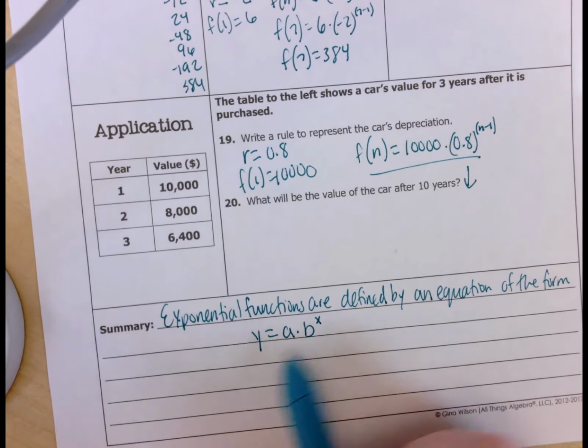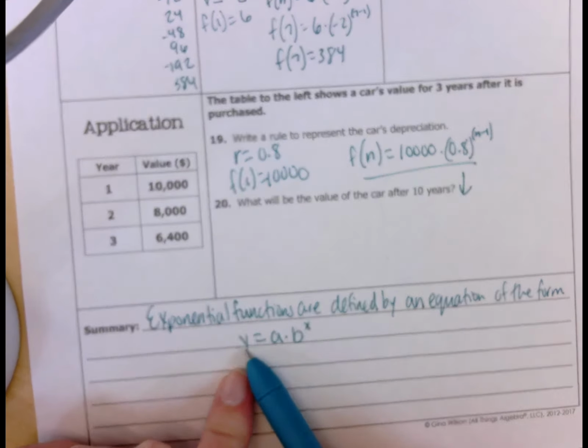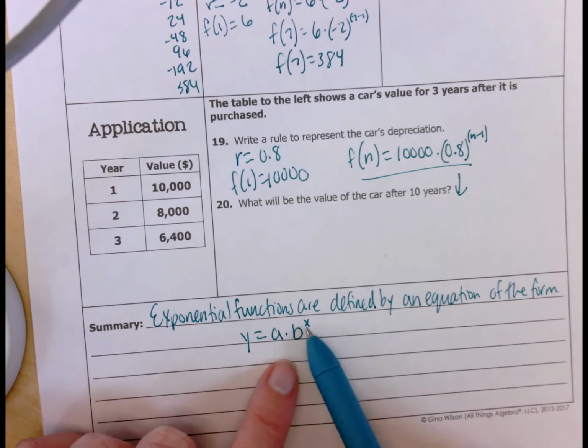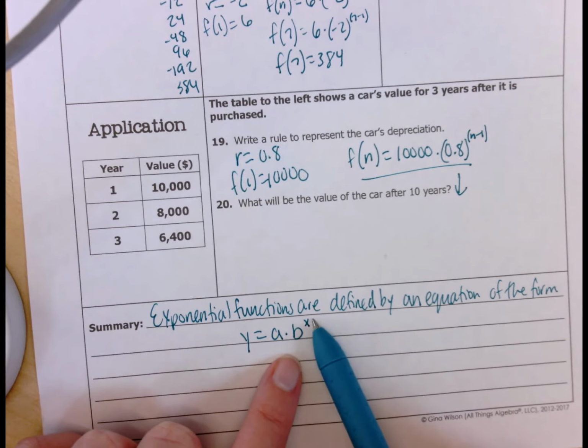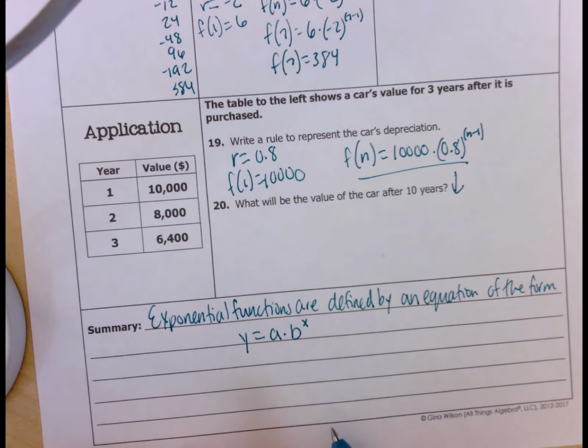And this should look familiar because when we were working with geometric sequences, we had the y value is equal to the first term multiplied by the ratio raised to the power of n minus 1. So here we see that our geometric sequences are exponential functions. Okay, and this is just the general format for an equation like this, or for the graph like this.